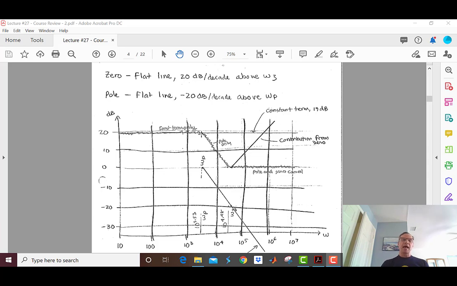And remember, I'm just adding these numbers up. And at the pole frequency, I start dropping at 20 dB per decade. And then when I get to my zero frequency, I note that my pole is still going down, but my zero starts going up. So I get a flat line here, right? Because they offset each other. And so now my wiggler is nice and flat.